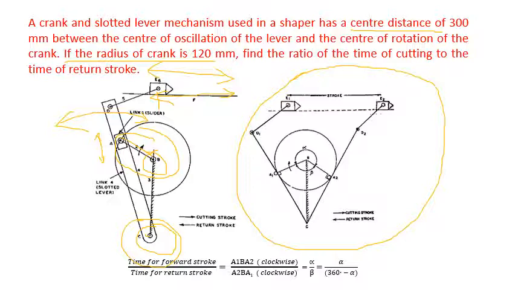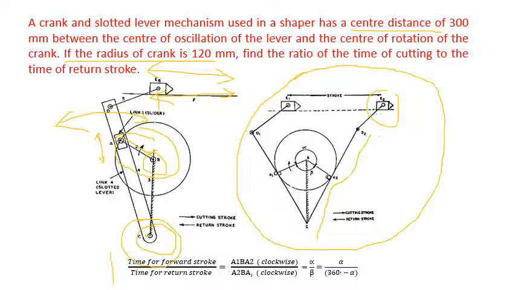In the second position, when it completes the cutting stroke, it is in C A2 D2 and the RAM is in E2 position. So it is moving in clockwise direction. Alpha represents the cutting stroke whereas beta represents the return stroke. Here 120 is nothing but A1B or AB.